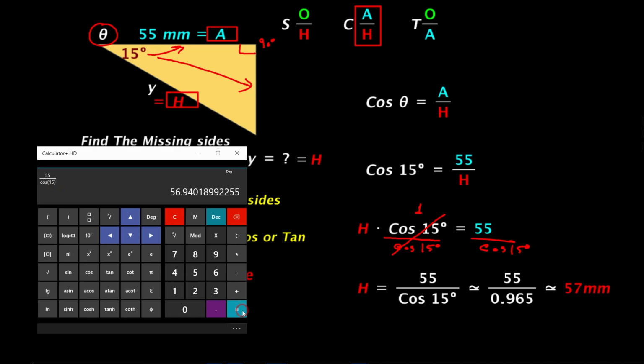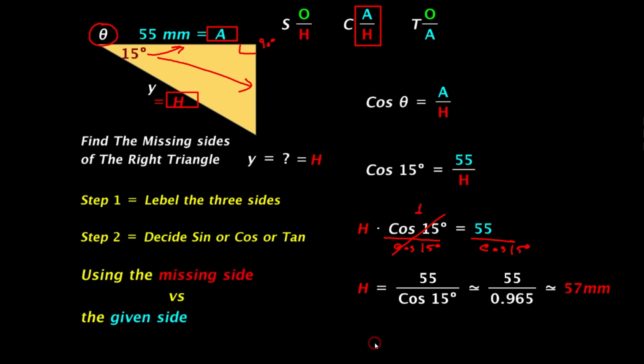It was 56.99 previously. So when we play with the sine ratios, there are some differences between the decimal values, but we always round the values. The answer is 57, and that's the right answer. So the missing side of the triangle is 57 millimeter, and we are done.